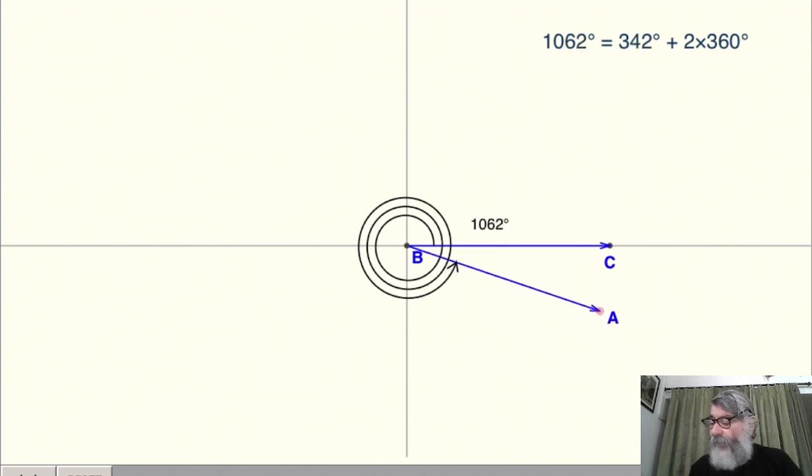Now if I move it here, I again have completed here, and what do I get? Actually you have completed 3 rounds because 360 plus 360 plus 360, so 1080.